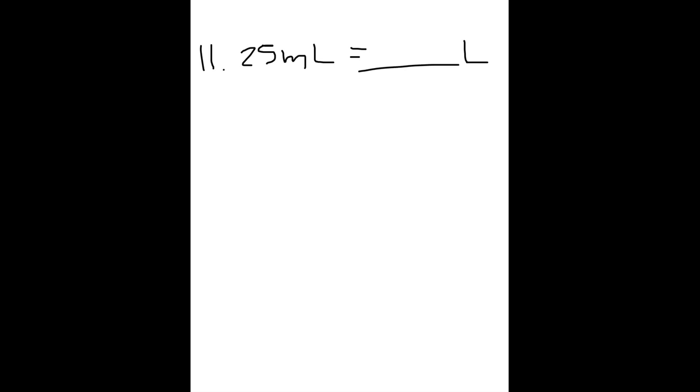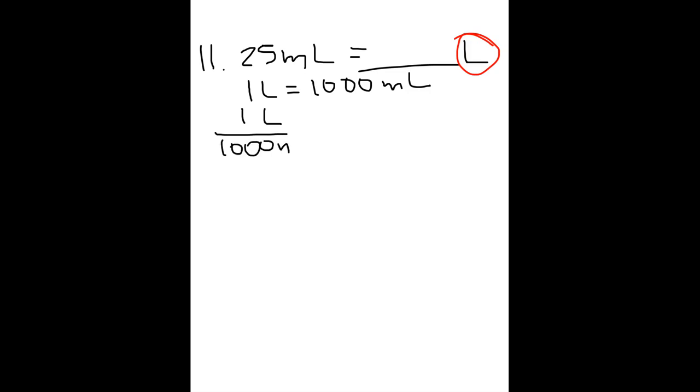So let's write down what we know. We know that 1 liter is equal to 1,000 milliliters. Okay, that's something that we should already know. So now the unit of measure that we were looking for is liters. So we're going to start off with liters on the top in our numerator. So 1 liter is equal to 1,000 milliliters. So now we're going to multiply.